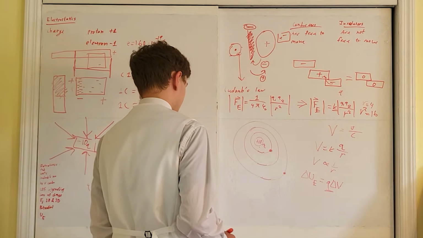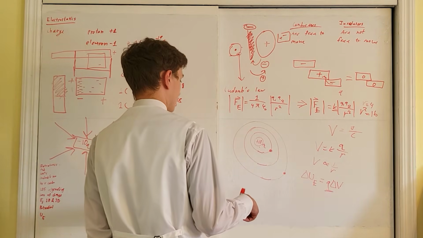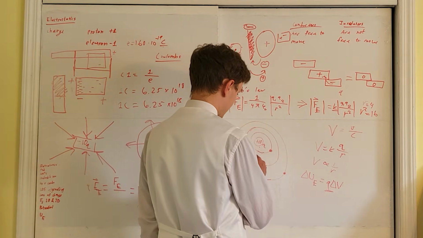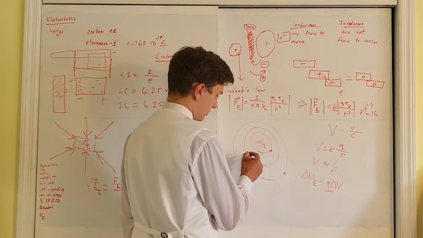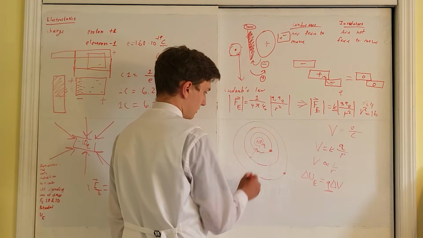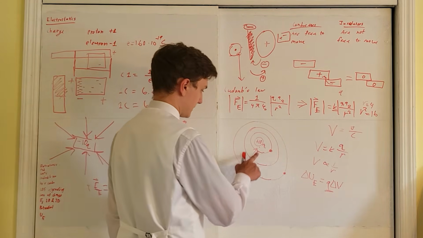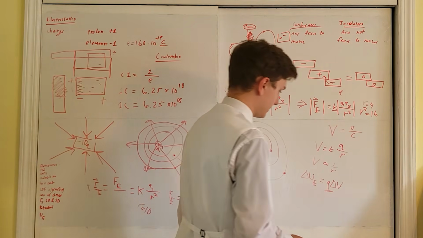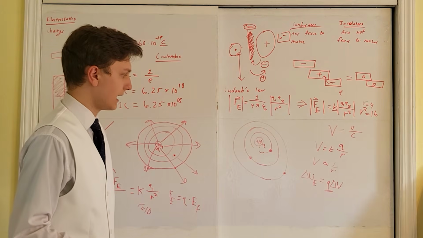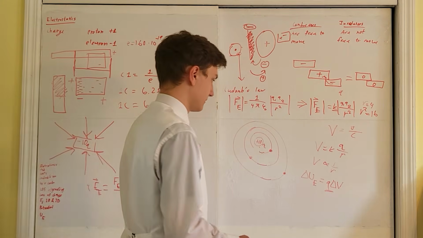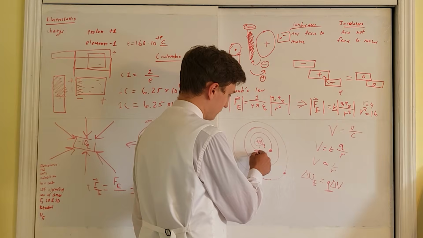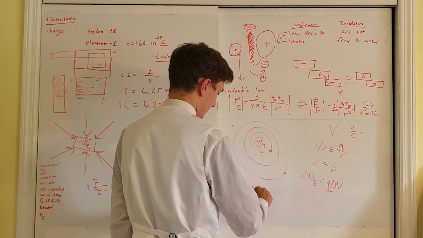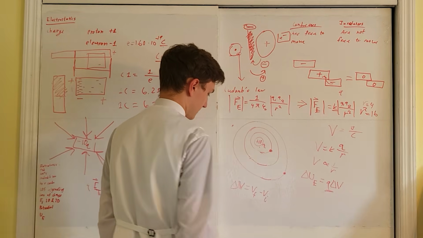Now, understand that these equations can also work for the opposite charge. If I have a negative charge placed right here, the negative charge will want to move towards the positive center. Since the charge will be moving this way, change in potential equals final potential minus initial potential.